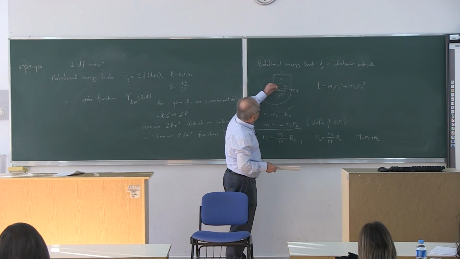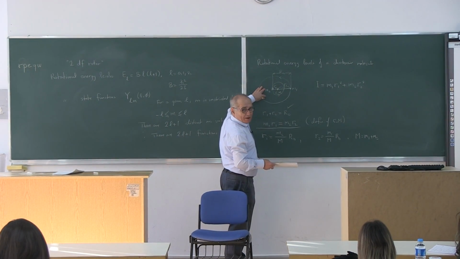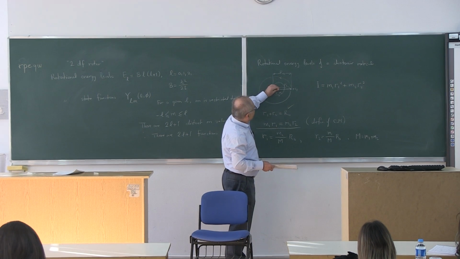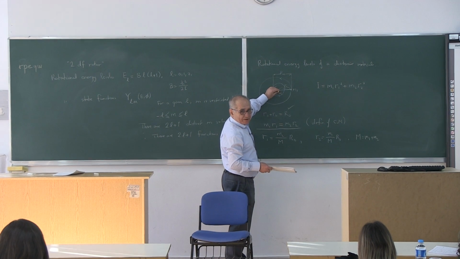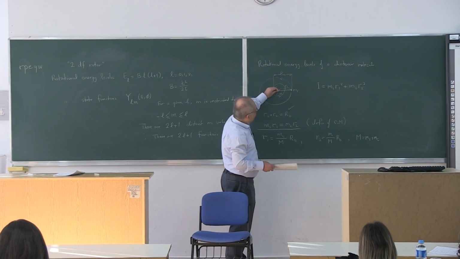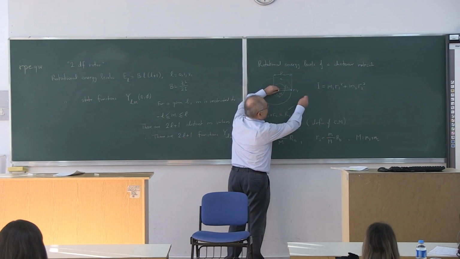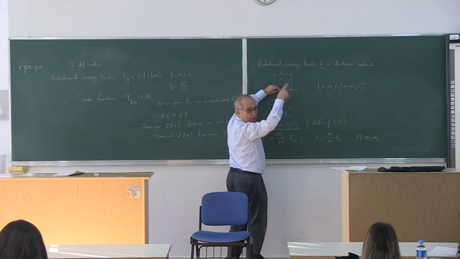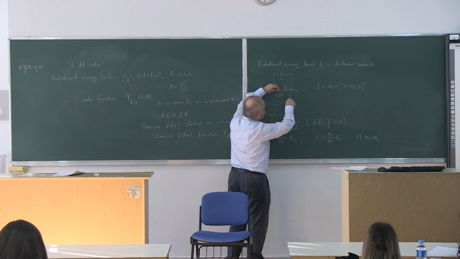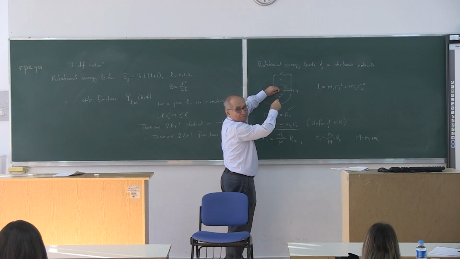You see, if this plane is the xy plane, then the z direction is perpendicular to the plane. The definition of moment of inertia is a sum of mass times distance squared for all particles. The distances should be perpendicular to the axis of rotation.